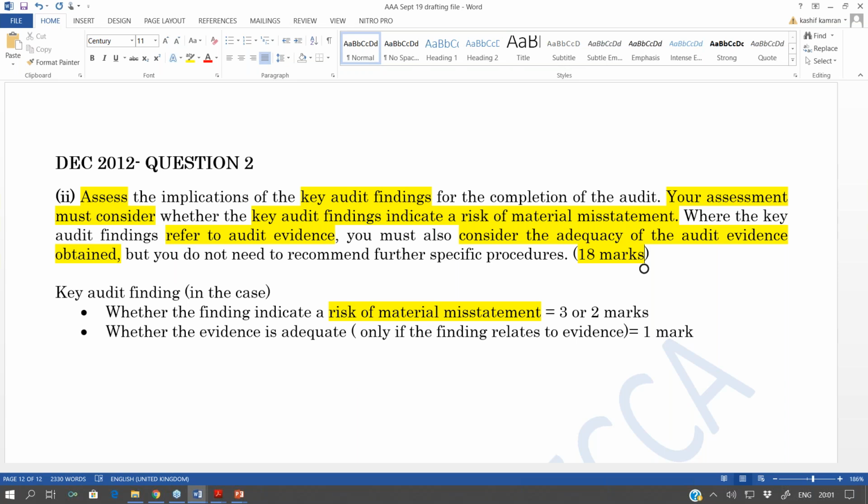We just did the December 11 question, and in that question also, commenting on the adequacy of the evidence was 1 mark. Is that clear with you, Mirza Owais? Because there was some confusion with you in terms of the marking scheme. Okay, is everyone clear on the marking schemes? Okay, let's start the question.